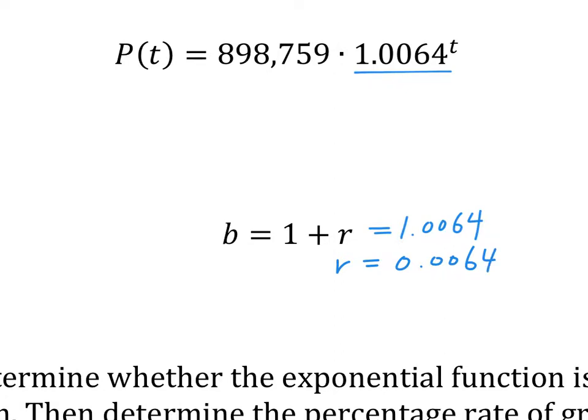What is the percentage of growth? Yes, 0.64. Please make sure you actually change it to a percent and not put 0.0064%. That would be a very, very small number. All right, so that's that.